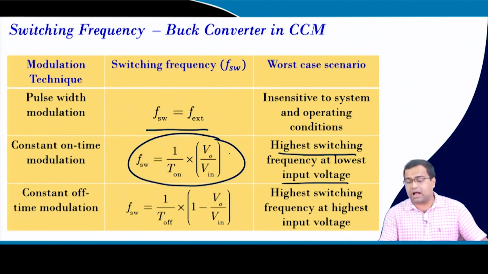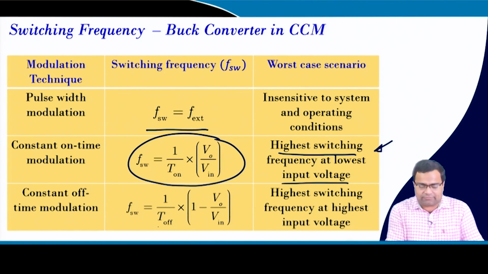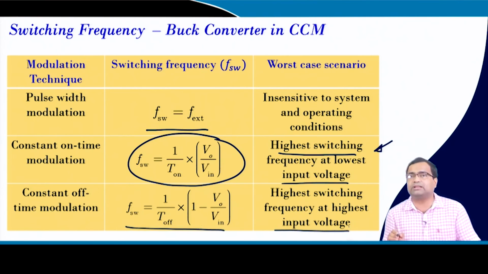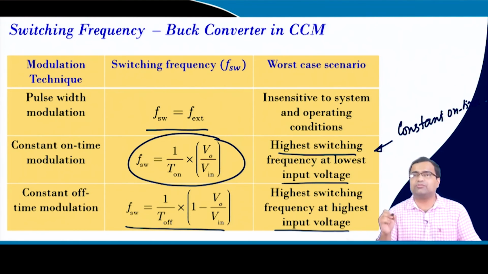But for low input voltage condition or high duty ratio, the switching frequency can be very high, and then we have to regulate. For constant off time, if you see the expression, the highest switching frequency happens at the highest input voltage. That is why we have to carefully select the off time, and that is why constant on time is a very preferred choice for low duty ratio operation.